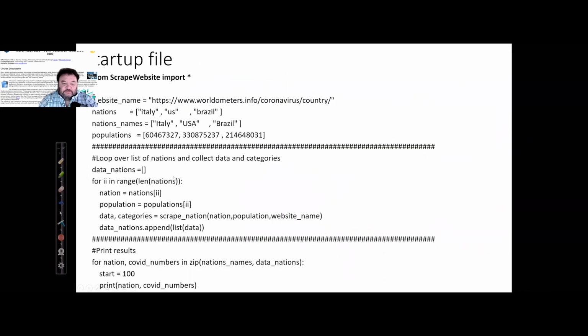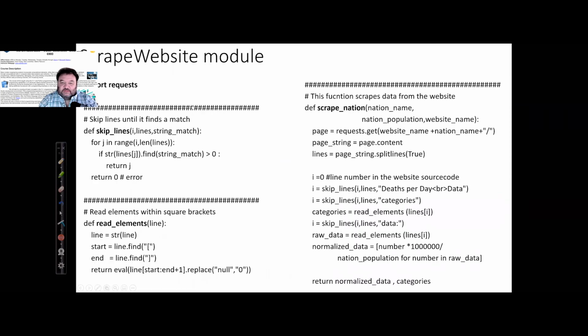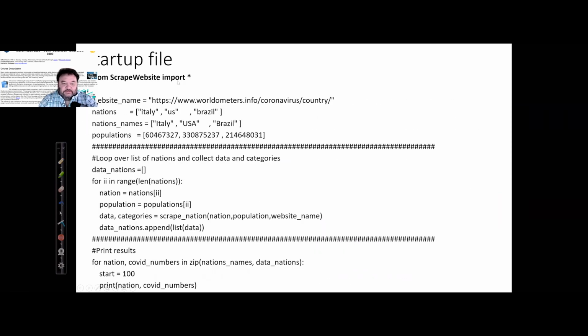This is the main file where we're going to look at the website now. This is the main website. Those are the nations. We're going to look at the website directly to get a sense of what needs to be done. We're now focusing on the three nations of interest. This is where I'm putting the data in manually.